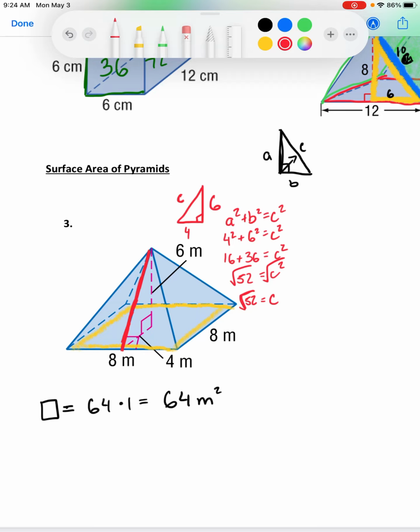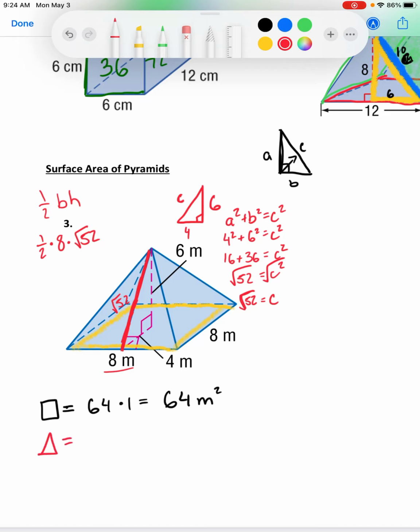So c is square root 52, so our height is square root 52, and now our base for each of these triangles is 8. And if we remember, our formula for area of a triangle is 1/2 base times height. So 1/2 times 8 times square root 52, and that will give us our area for each of these triangular sides.